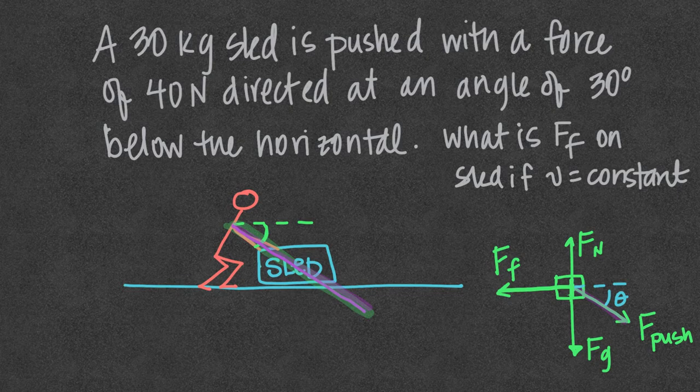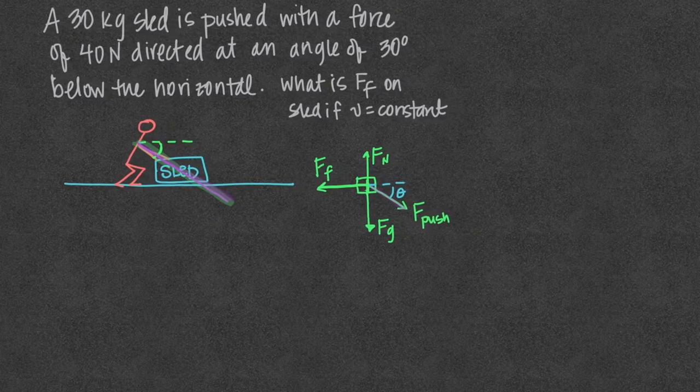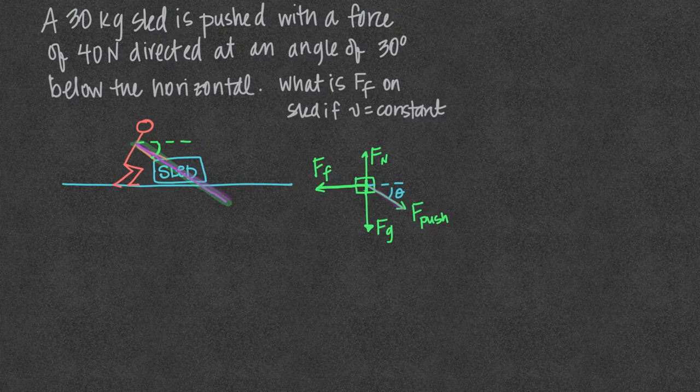Now we have the free body diagram of all the forces acting on our object. We can analyze these forces and create the force equations and solve for the force of friction. So, because it is moving at a constant speed, the net force in the x direction is 0, and the forces in the x direction would be a component of the pushing force.